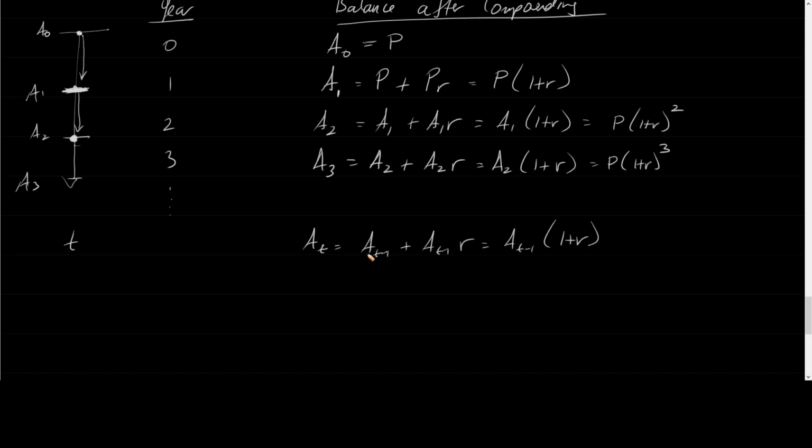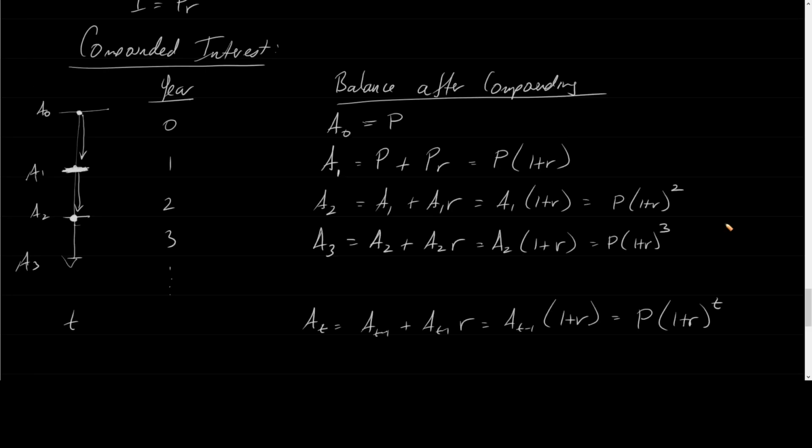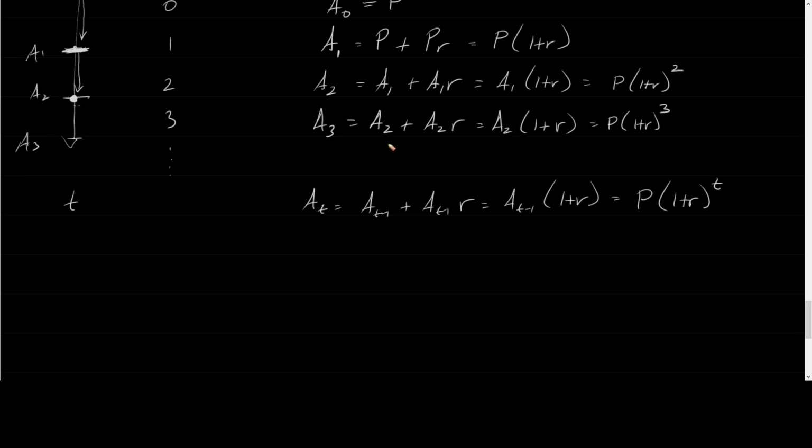And long story short, we have P times 1 plus R to the T, all right? So now, what did we actually do here? In here, we were earning simple interest year after year, and we were just compounding things once a year.